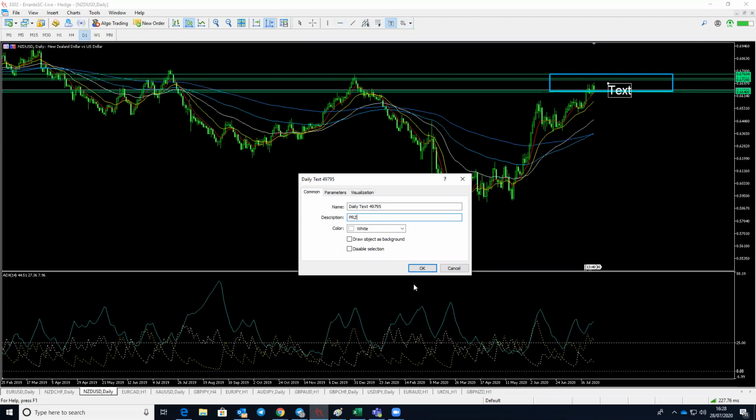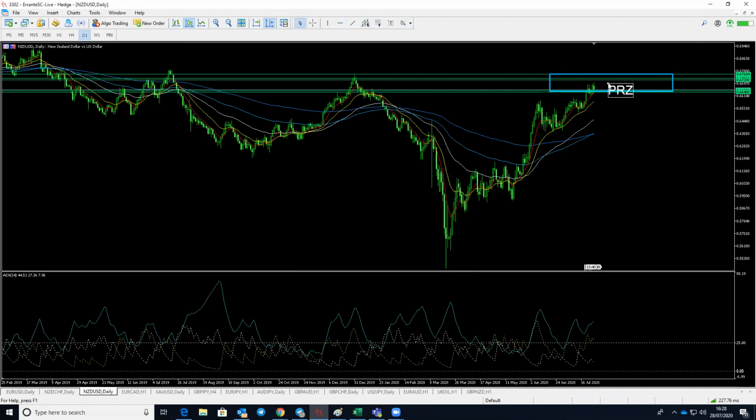Which also means that if it doesn't reverse, and let's say it does the total opposite and pierces through that box to the upside, then it may be driven by other factors that make it more bullish, and the trend would continue to the bullish side.